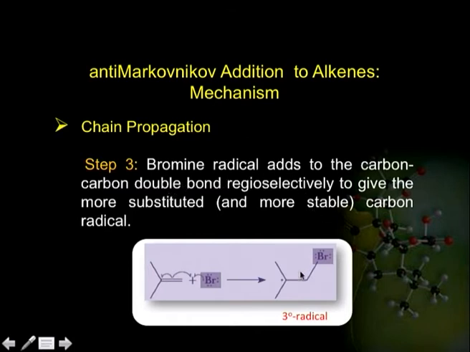The bromine radical adds to the carbon-carbon double bond regioselectively to give the more substituted and more stable carbon radical. Here we have to see which radical is more stable, because again we have a possibility of formation of a primary and a tertiary radical.